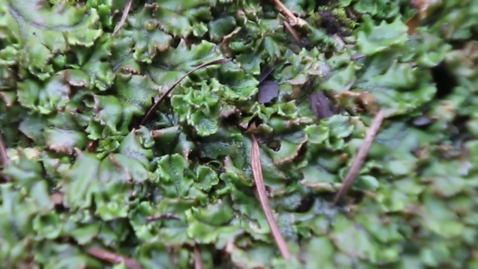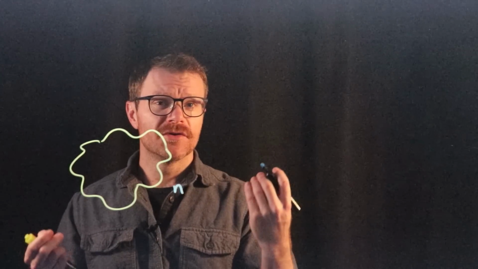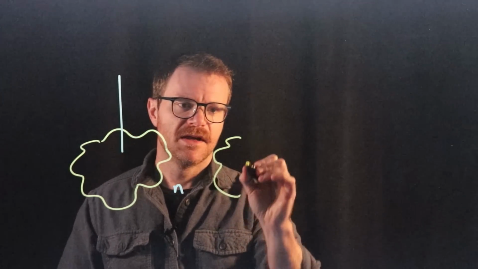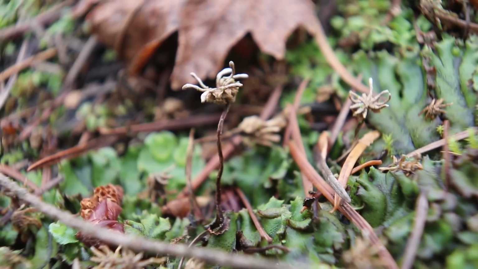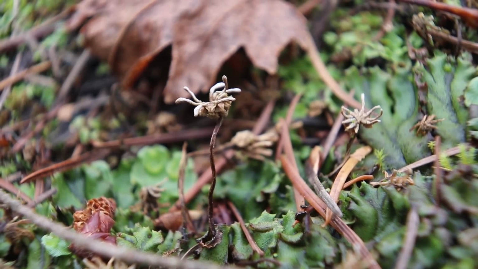Now at some point, as they mature, they can produce sexual structures just like many other organisms. And this is where they differentiate into both male and female plants. So some of these have the male chromosome and some of these have the female chromosome.